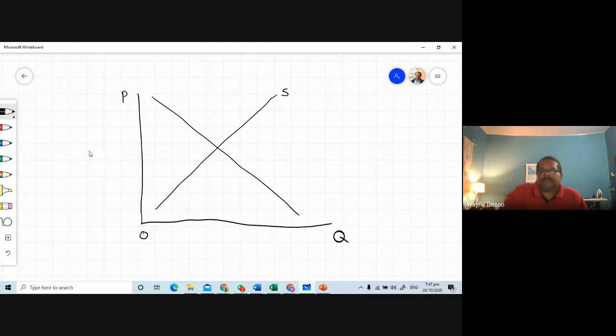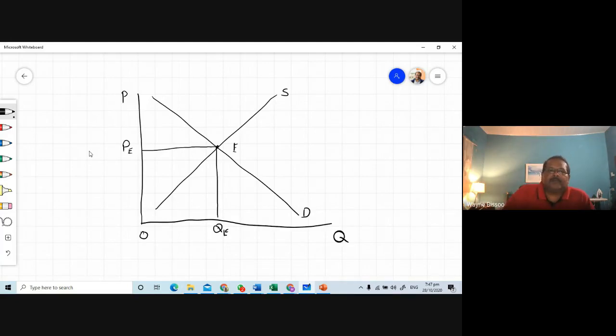This is our supply curve. This is our demand curve. This is the equilibrium position, which we will call E. At that position, it determines two things: the equilibrium price and the equilibrium quantity, QE here.